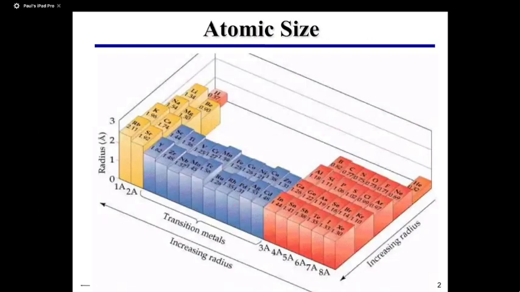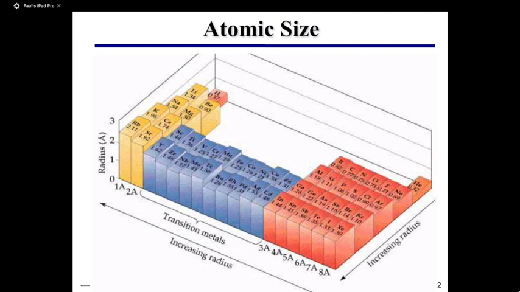all right, we have some trends. And so the size of an atom increases as I go from the top to the bottom. As I go down, they get bigger. All right? And then as they go from right to left, they tend to get bigger. All right?